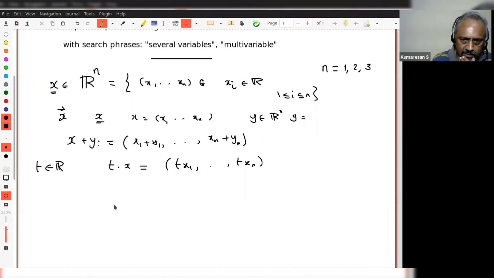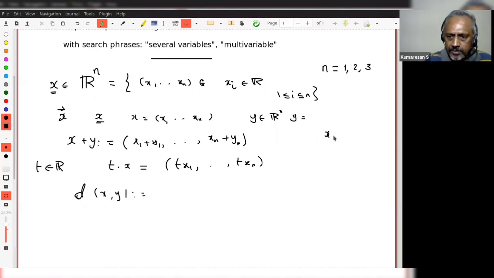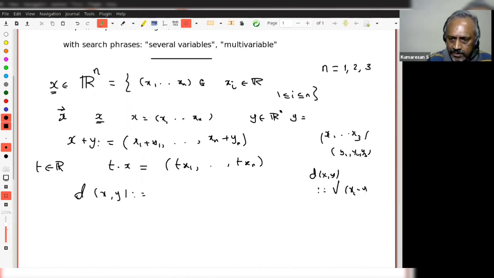There are a few things I would like to talk about. As we did with R^2 and R^3, we want to define the distance between two points. In 3 dimensions, if I have the vectors (x1, x2, x3) and (y1, y2, y3), instead of x, y, z I'm writing in terms of 1, 2, 3, the distance between these two, x and y, was by definition the square root of the summation over i equal to 1 to n of (xi minus yi) whole squared.